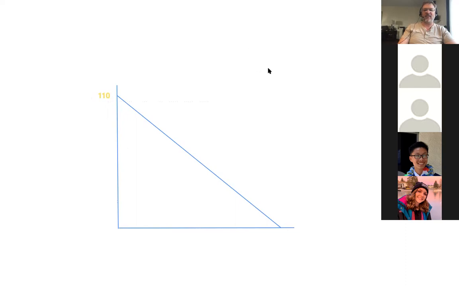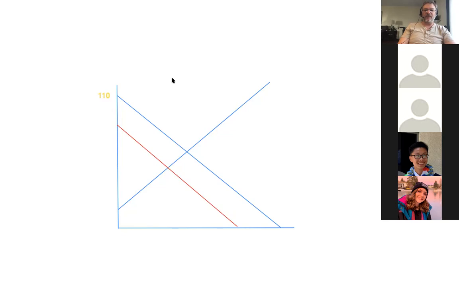And we'll do supply and, right. Or excuse me, so that's a shifted demand curve.